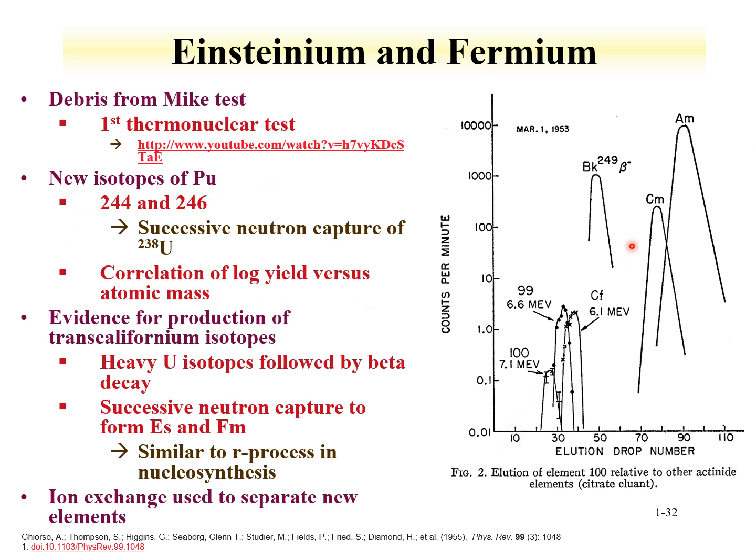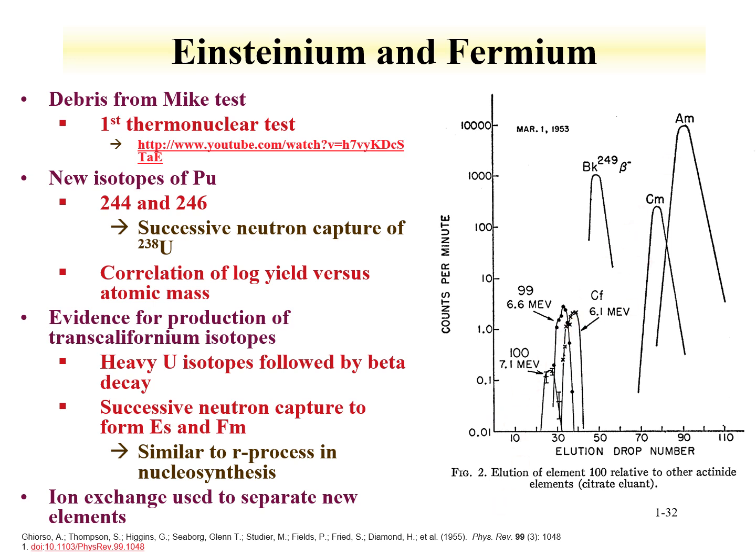There was an example here of the log correlation of the yield versus the atomic mass. So this is an example of nuclear forensics, where one was able to identify information about the yield of a test from the production of different isotopes.